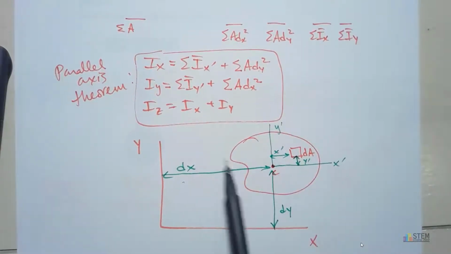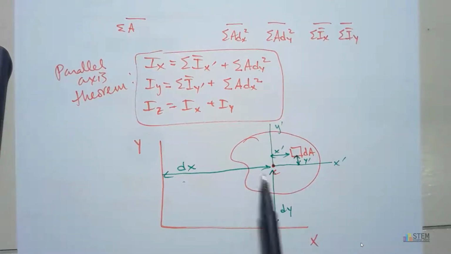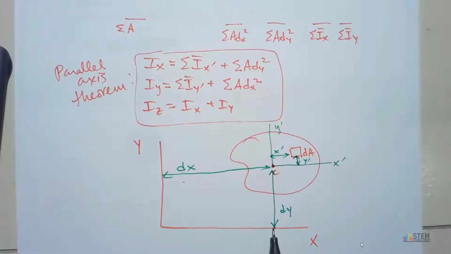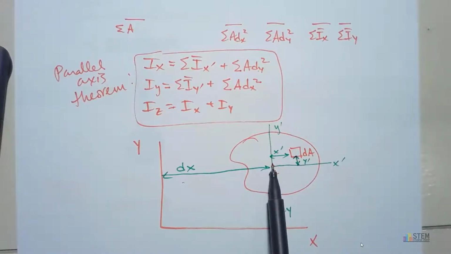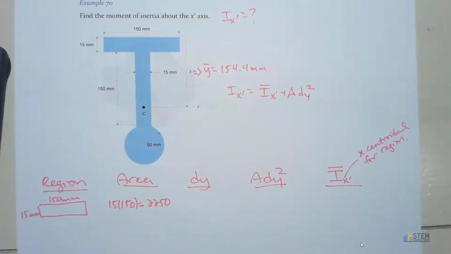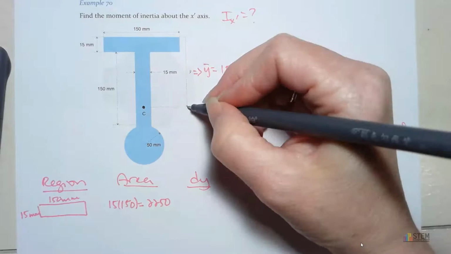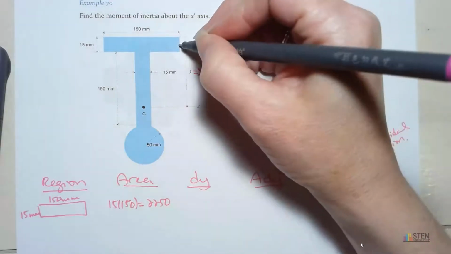Okay, so forget about this shape here. Think about the rectangle. dy is the distance from the axis we're concerned with, which for us is the x prime axis. So we want to go from that x prime axis up to the centroid of our rectangle. All right, that means we want to go from here up to here.